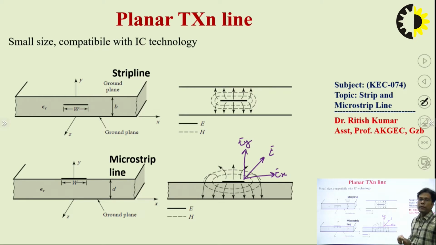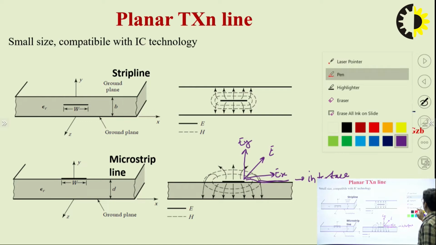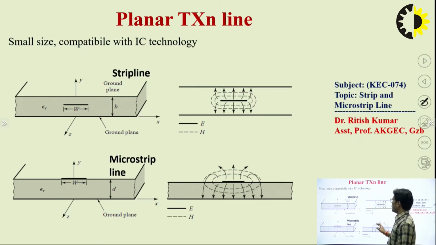Superficially, I am telling you, this is the main cause of the surface wave. Surface waves always occur at the interface of two dielectric media, represented by this interface. Now this is the main basic point regarding the microstrip line and strip line.